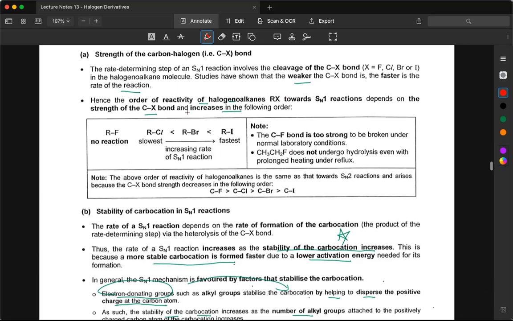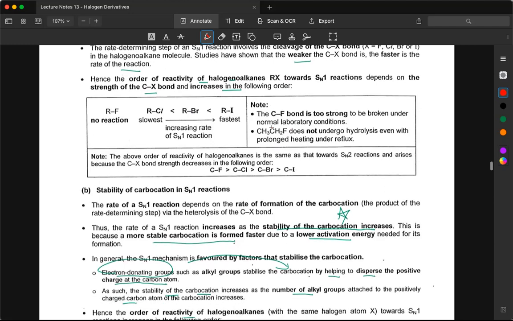The order of reactivity of halogenoalkanes towards SN1 reaction depends on the strength of the C-X bond and increases in this order, with RF having no reaction because the C-F bond is too strong to be broken under normal lab conditions.